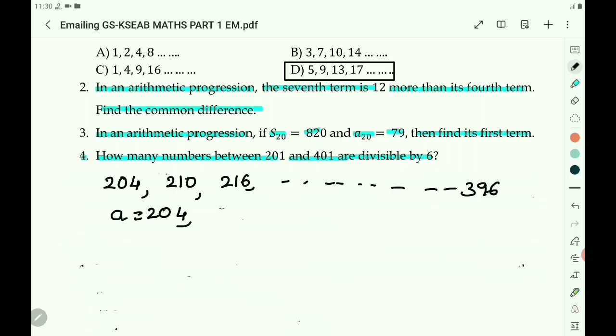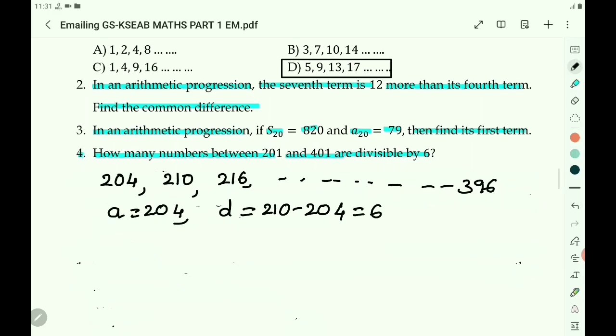Then d is 6 here because the number must be divisible by 6, means d is always 6, or otherwise you can do a2 minus a1, 210 minus 204, is equals to 6. Then consider this is the last term, nth term, an equals 396. Last number before 401 divisible by 6 is 396.